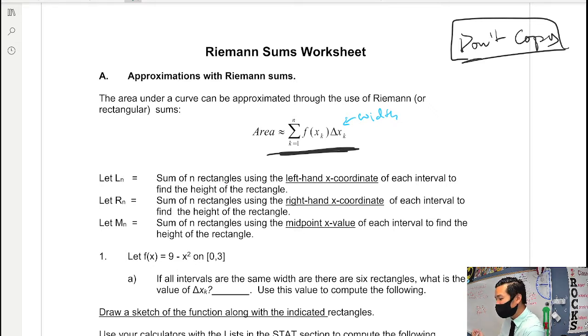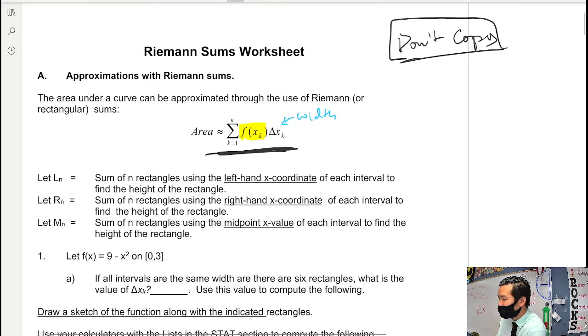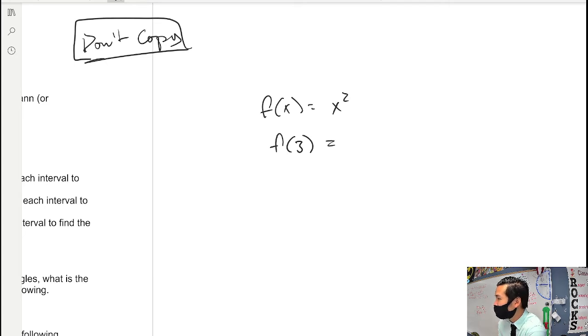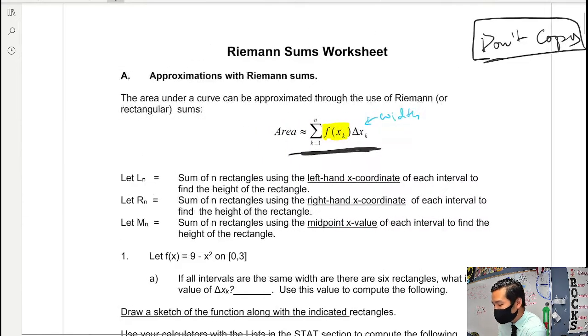And you're just multiplying it with, now this is the part that looks tricky, what the heck is this? You've seen this before. f of x is a notation for your function value. So if I had f of x equal to x squared and I asked you, what's f of 3, what would you tell me? 3 squared, which is 9.